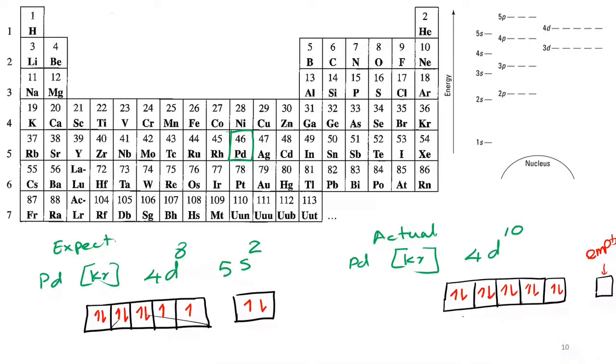When it does this kind of arrangement, this kind of deviation, you can see this 4d orbital became completely filled. So that is going to give it some unusual stability. So in order to get that stability, palladium has this kind of an electron configuration.